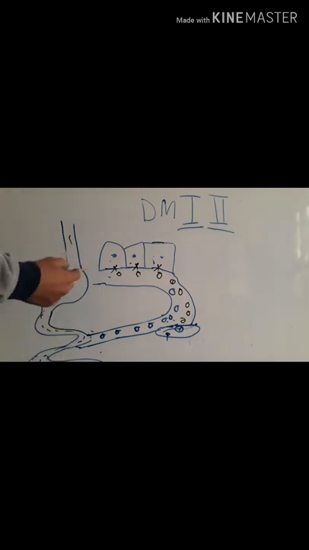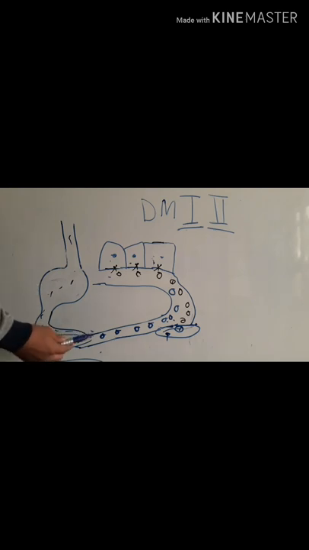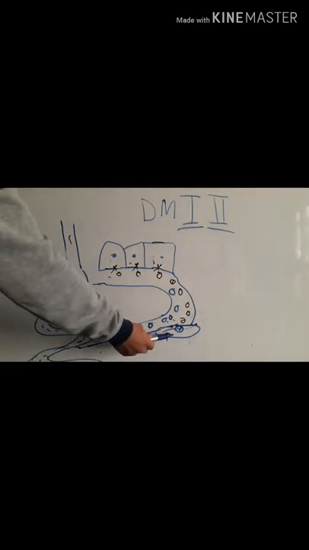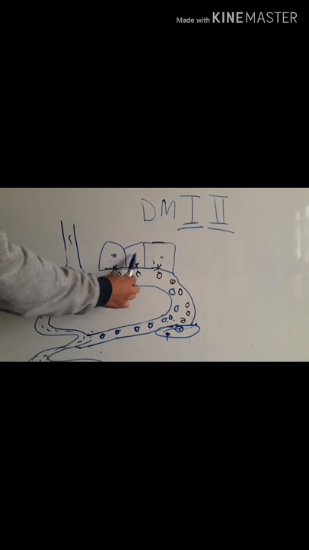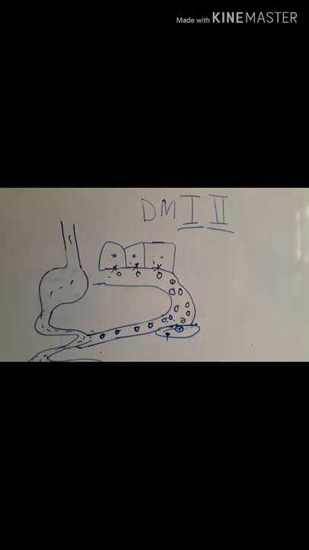So that is a simple image of the stomach, intestine, blood vessels, pancreas here, and the body cell. When sugar comes into the stomach and then the intestine, it will be absorbed into the circulation, inside the blood vessels.